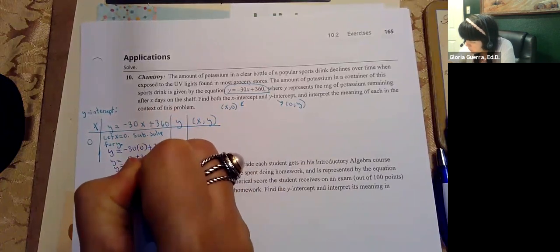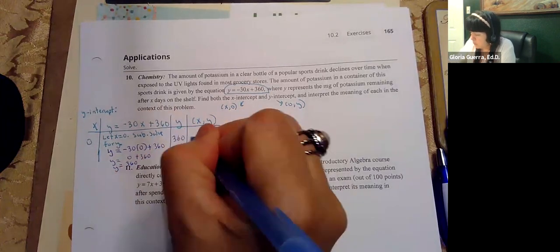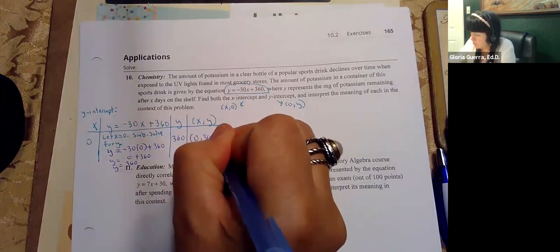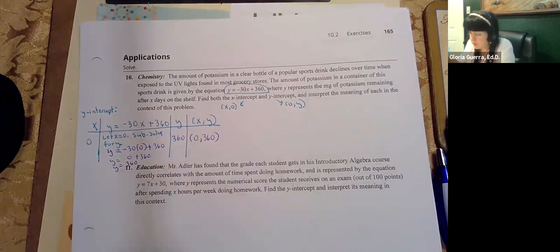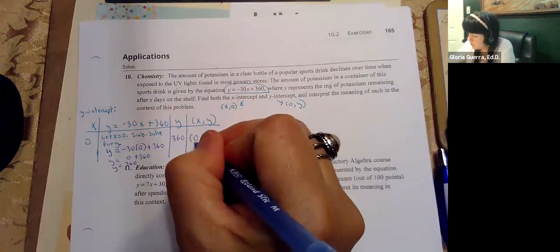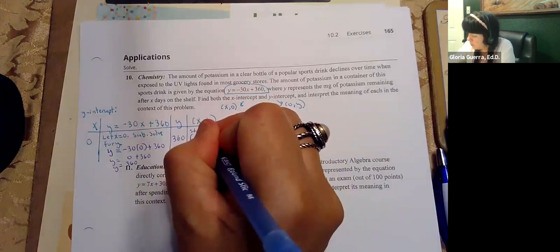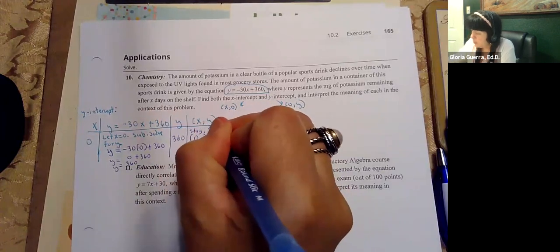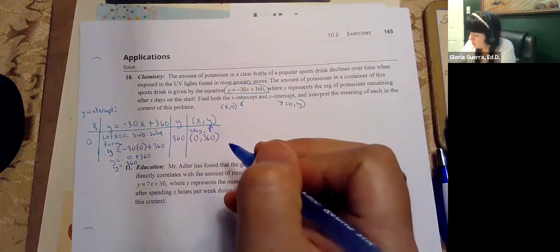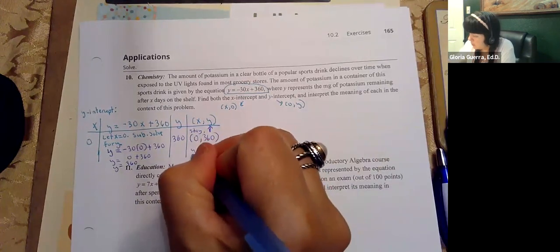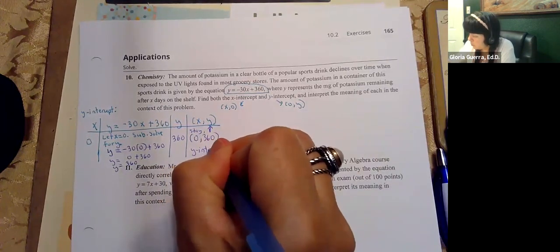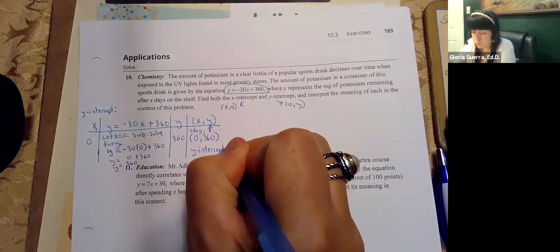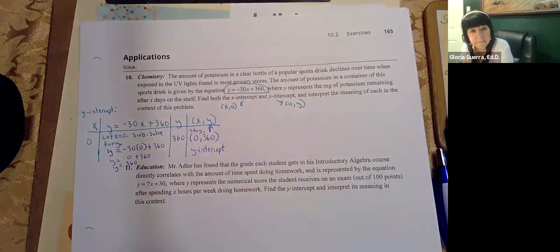So y equals 360. So when x is 0, y is 360. This tells you to start and go all the way up to 360, and that is the y-intercept.